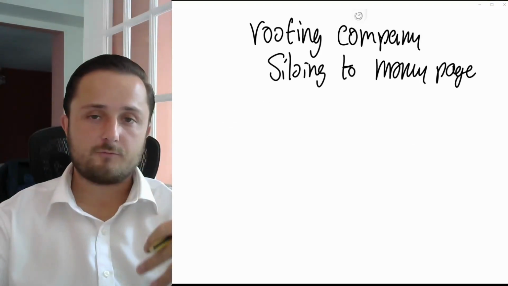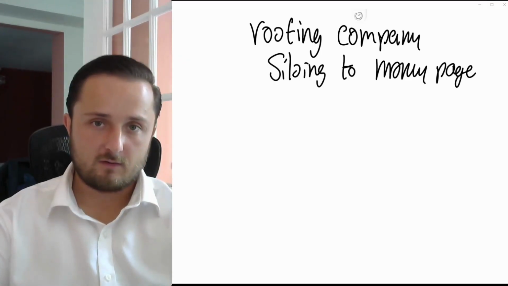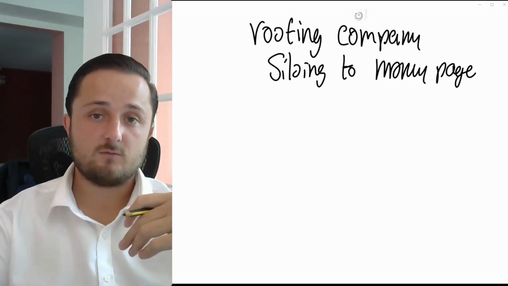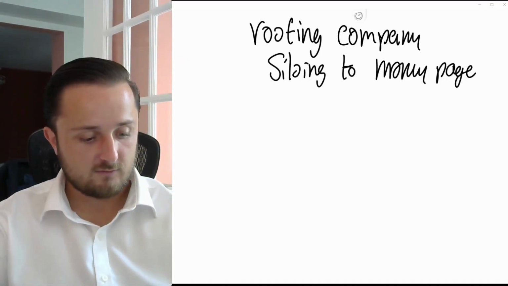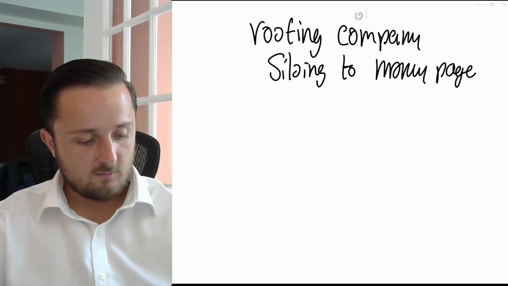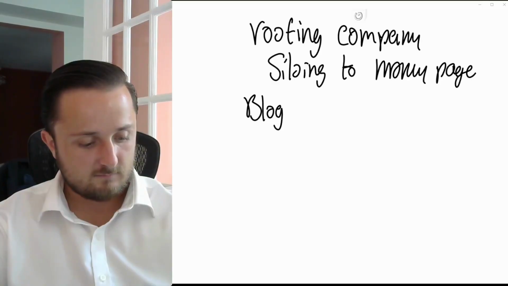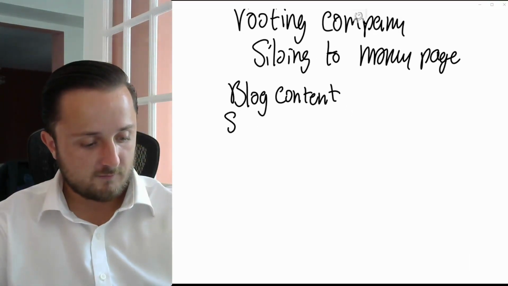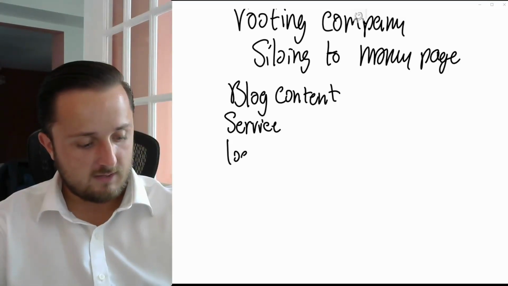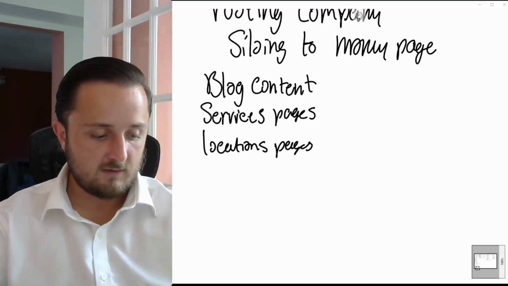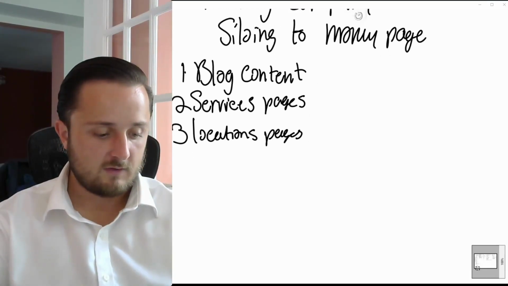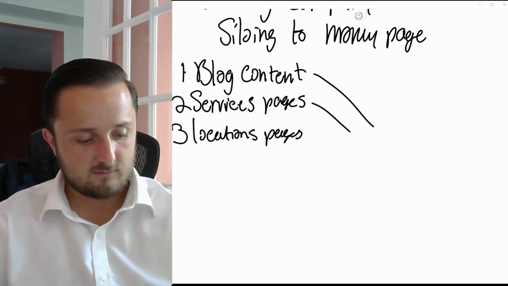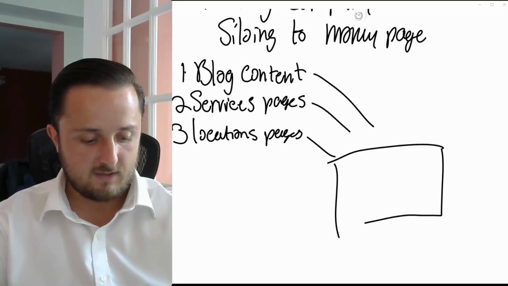So as a roofing company, when we're siloing to money pages, when we're pointing internal links to money pages, what we want to do is create blog content. From this blog content, or from our service pages, or from our locations pages, from these three sources, we are going to link to our money page.